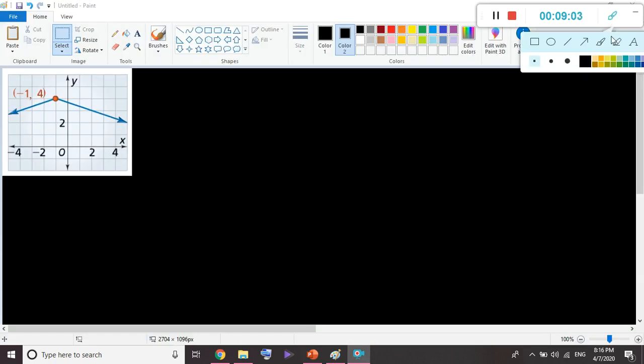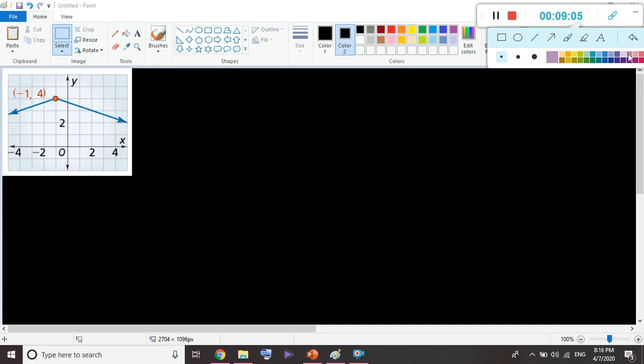So they gave us this graph and we have to write it in the general form, which is y equals a absolute value x minus h plus k. So we have to find a, h, and k.